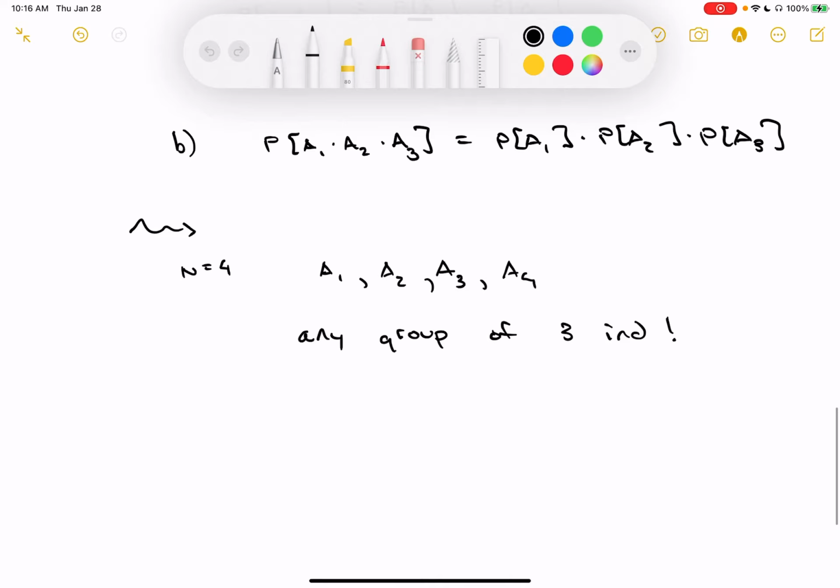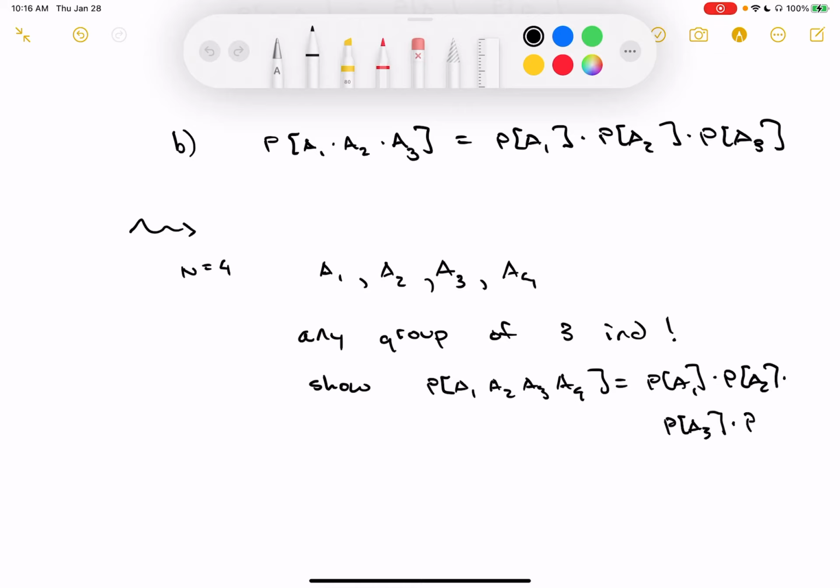And then we'd have to show that the probability of A1 intersected with A2, intersected with A3, intersected with A4 was equal to the probability of A1 times probability of A2, going on out, in this case probability A3 and probability of A4.